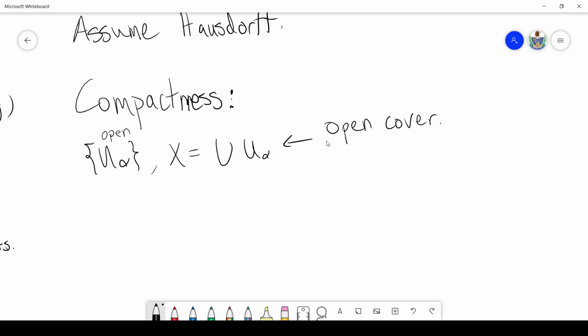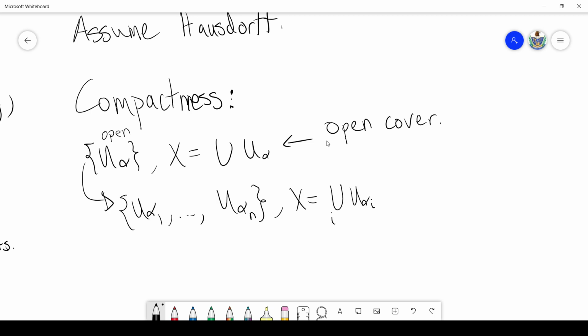Then compactness means that we can choose a finite subcover. In other words, we can pick from this collection U sub alpha, which could be infinite, a finite subcover with x still equaling the union of these sets.